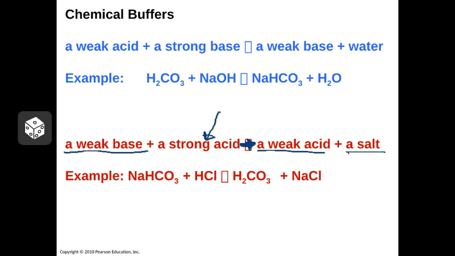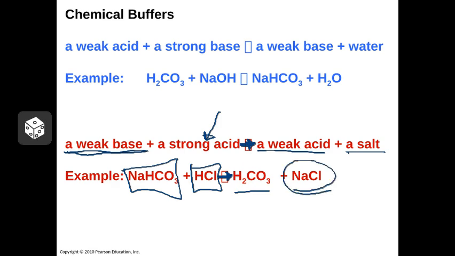So, for example, we know a weak base, sodium bicarbonate, and a strong acid, hydrochloric acid. When they are mixed together, the chemical reaction will proceed to form a weak acid, carbonic acid, and a salt.